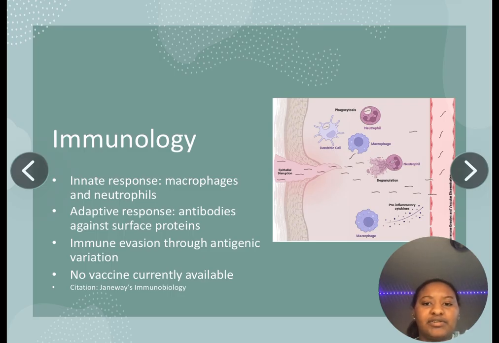Macrophages and neutrophils attempt to control the infection, and antibodies form against surface proteins. However, the bacterium uses antigenic variation, essentially changing its surface structures to evade detection. This constant shape-shifting is a major reason why we still do not have a vaccine for syphilis.